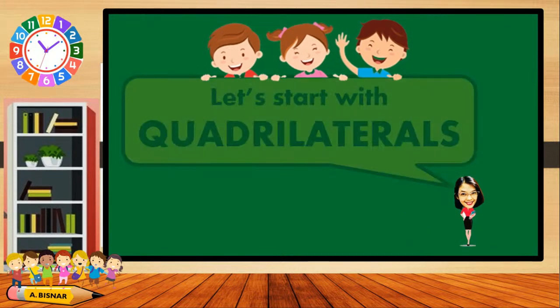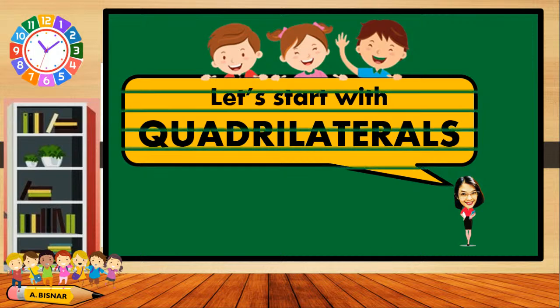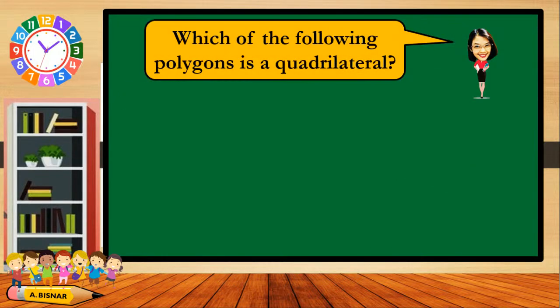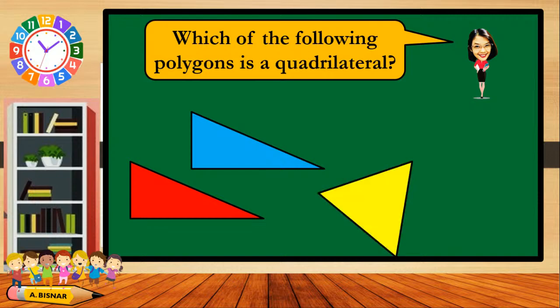So, for example, let's start with quadrilaterals. Which of the following polygon is a quadrilateral? May quadrilateral ba dito? Okay, correct. Wala. Walang quadrilateral.